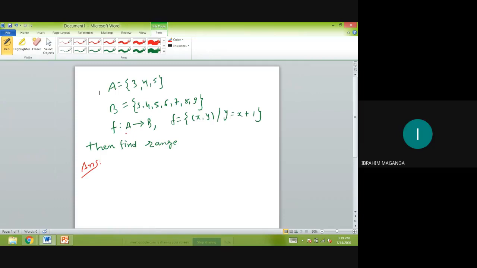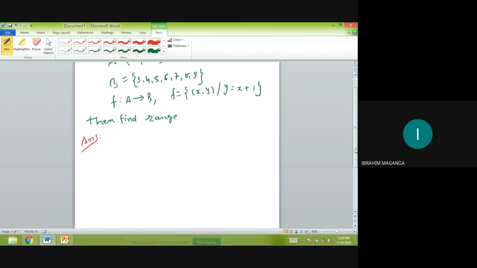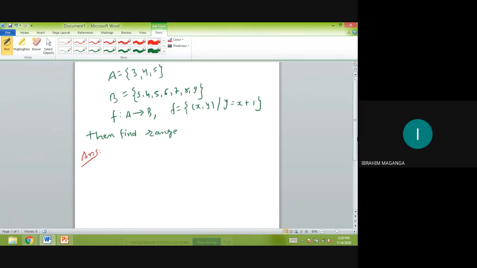We first make a table of values of set A. Then we put the values into the equation, so each element is given as the value of x. Instead of putting x, you put each value one by one. Very good.